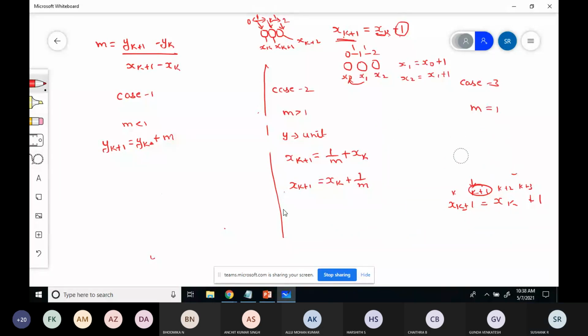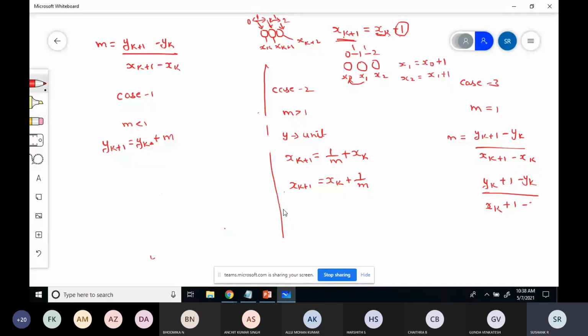So for the third case you can check m is equal to y of k plus 1 minus yk by x of k plus 1 minus xk. Both x and y will move in coordinates, no? So y of k plus 1 minus yk, and x of k plus 1 minus xk.